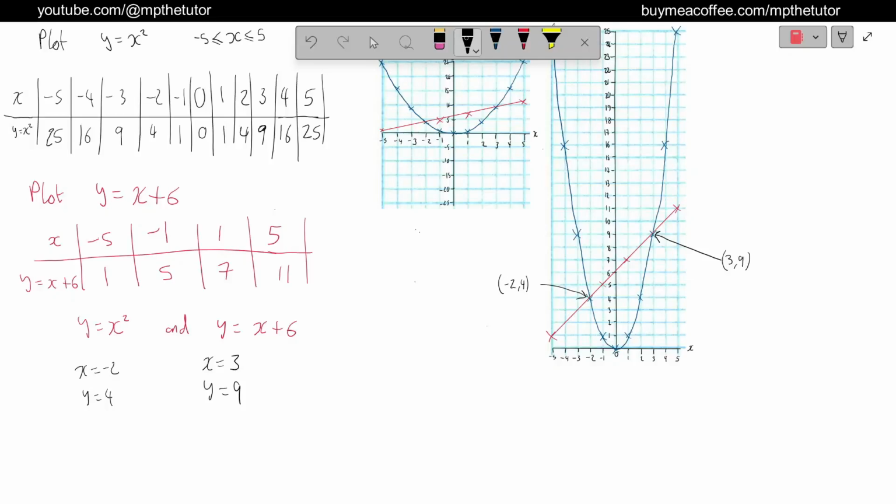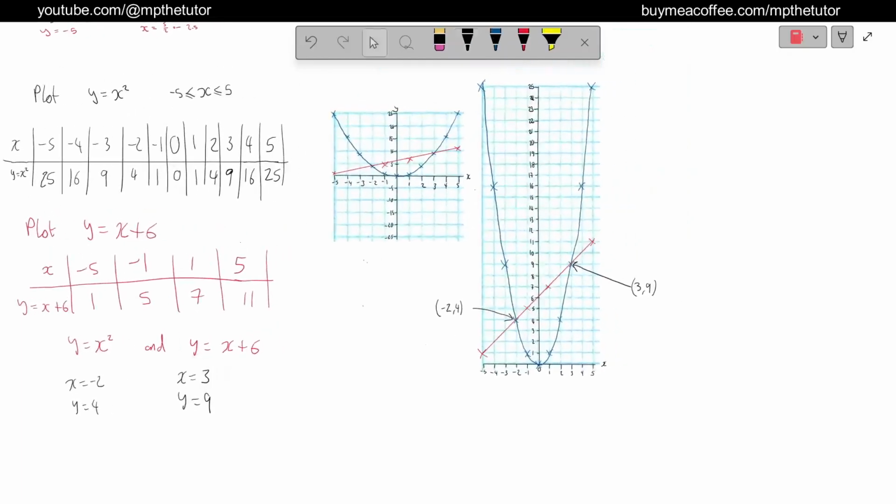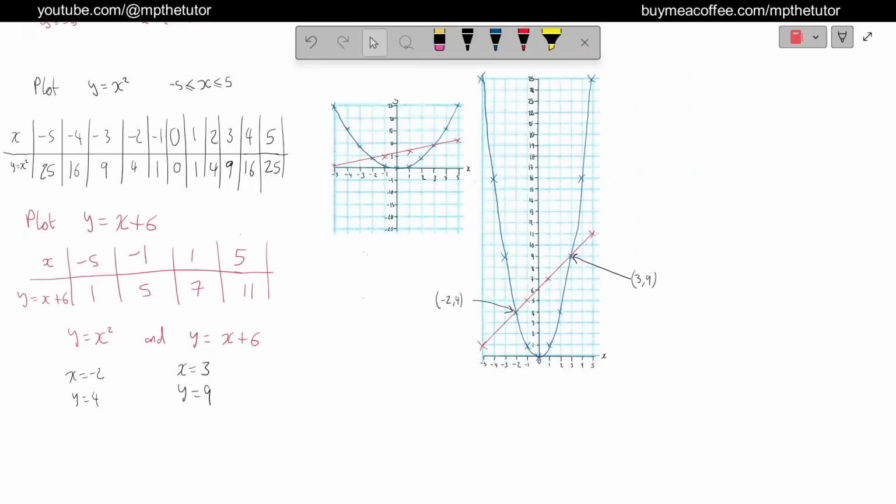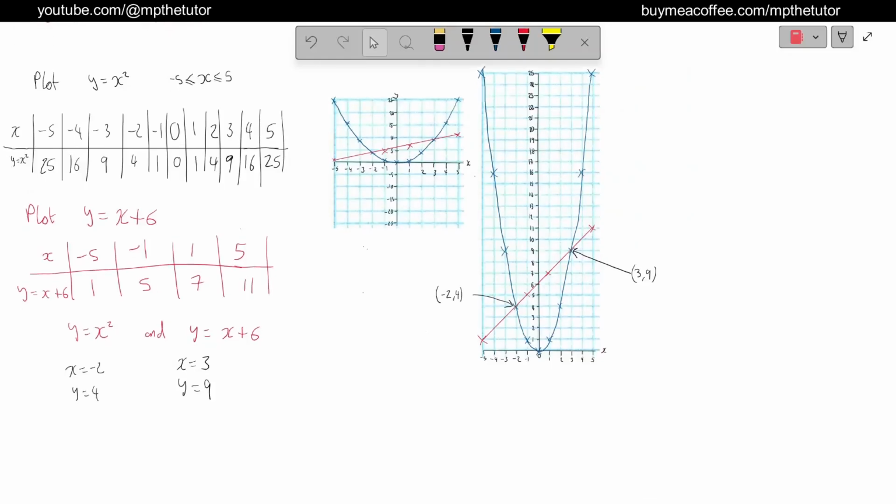So that is the simultaneous equation solved graphically. I've plotted 2 different graphs on, and where they intersect is where they are solved simultaneously.